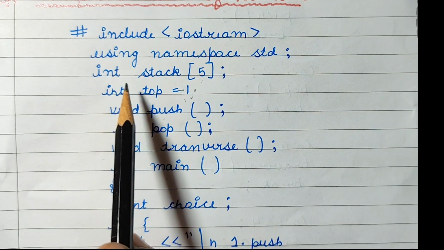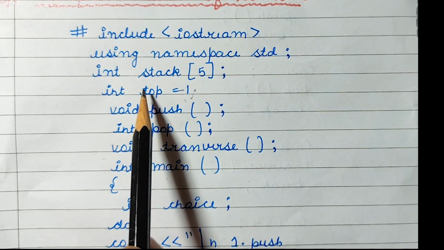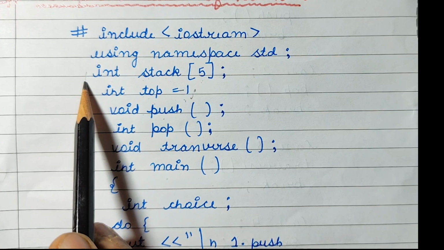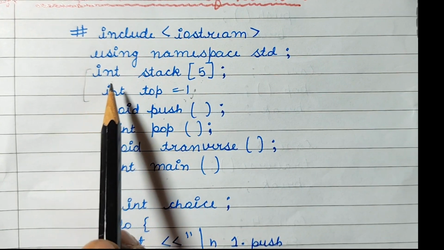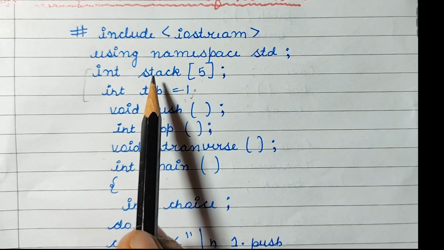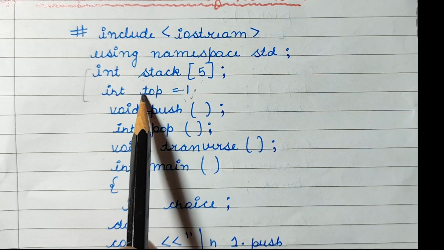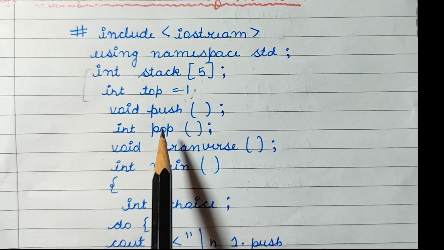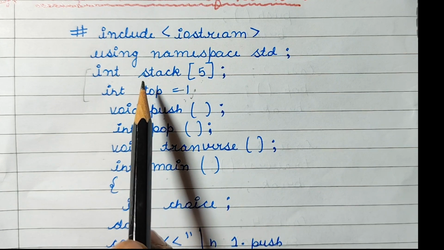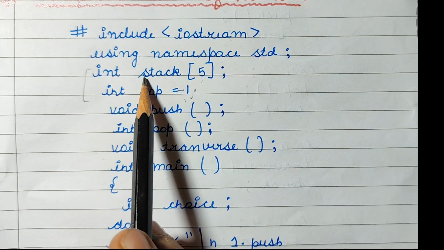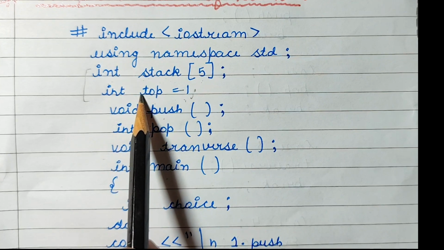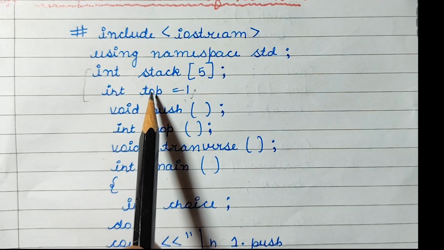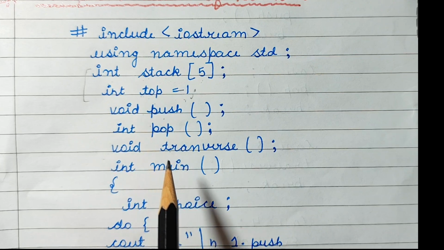Now the thing is, I declare top and stack variable. I declared stack and top both as global variables, because I use this stack variable and top variable in push function, pop function and traverse function, because when I push the element in a stack I use this stack array and top variable. So I declare these variables as global so that I can use these variables in sub functions.